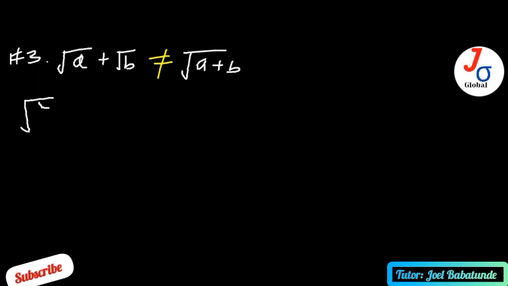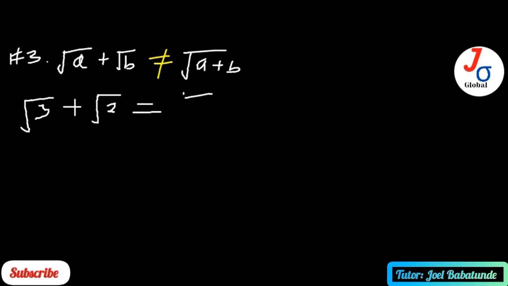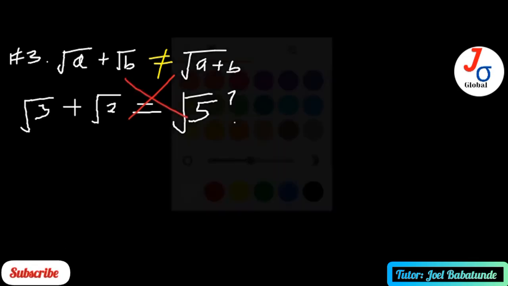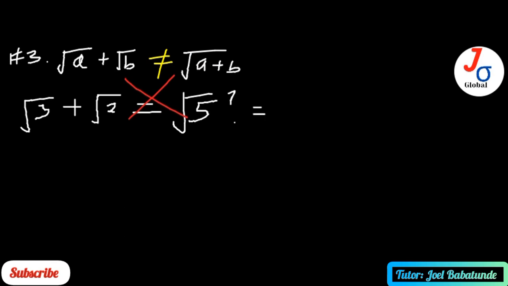Let's say an example. I'm going to ask a question. Is root 3 plus root 2 equal to root 5? No, it's not equal to root 5. Why? Because we can't say that that equals root 3 plus 2.